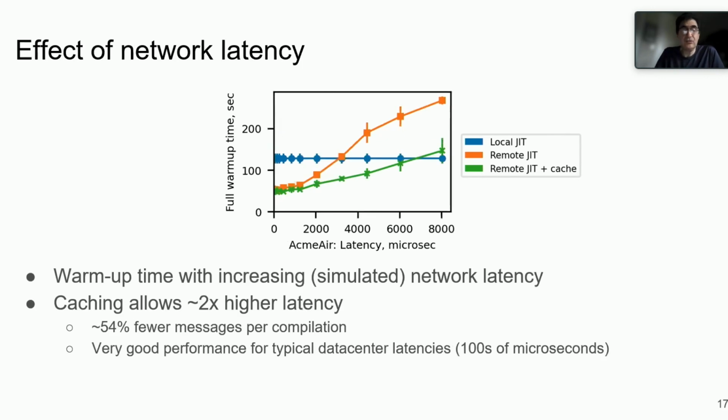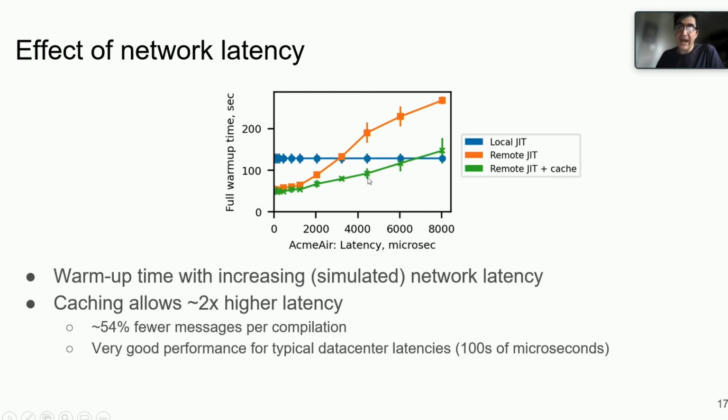And finally, let's look at the network latency. How does this affect the performance of JITServer? We run various experiments with increasing network latency up to 8 milliseconds. And we see that remote JIT can tolerate latencies of about 3 milliseconds before making the warm-up time larger than when we use the local JIT.